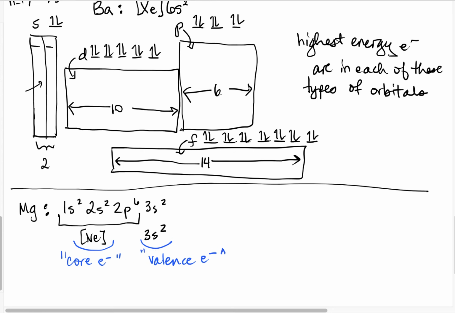And these core electrons, they are mostly not doing anything. We'll just say inactive. And these valence electrons are where the bonding happens.